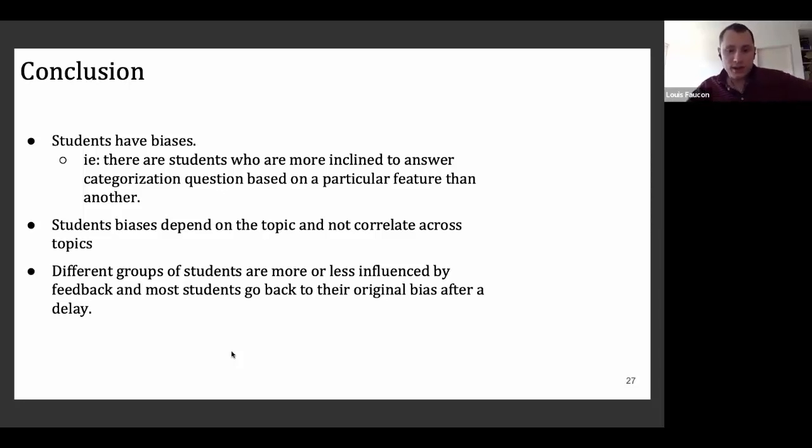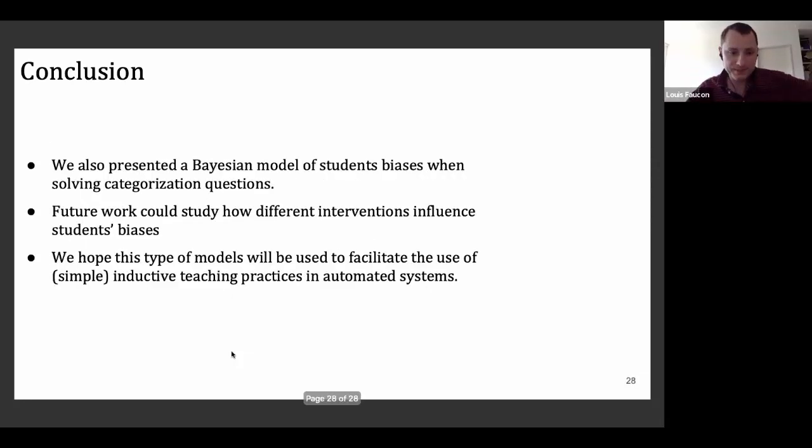And different groups are differently influenced by negative feedback, and the influence of feedback decreases after a delay. So we also presented a Bayesian model that allows us to predict what answer the students give and with what bias profile the students answer questions.